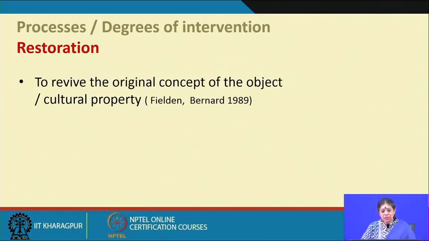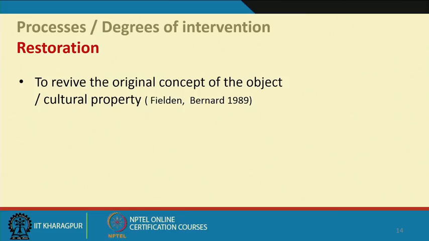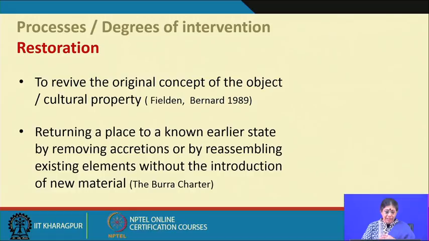One has to be very clear that he is not talking about reviving the original structure. He is talking about reviving the original concept. So, what is the difference between the structure and the concept? We will try to understand that through some examples.